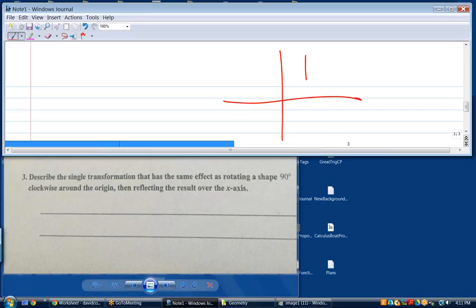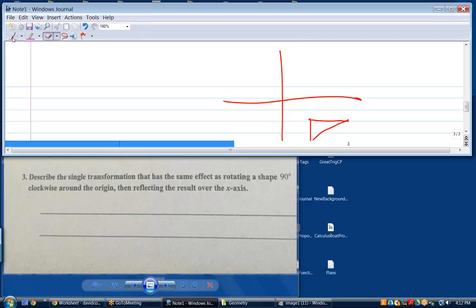So if I were to take a right triangle, the easiest shape, and I rotate it clockwise about the origin, then all my lines are parallel. This becomes right there. I'm terrible with these, I really am. That's not it. Hold on.